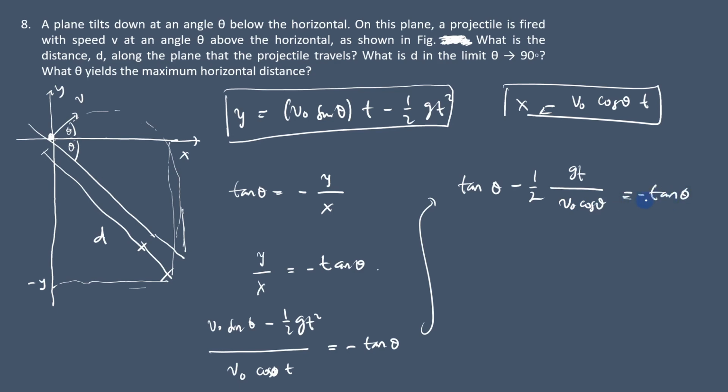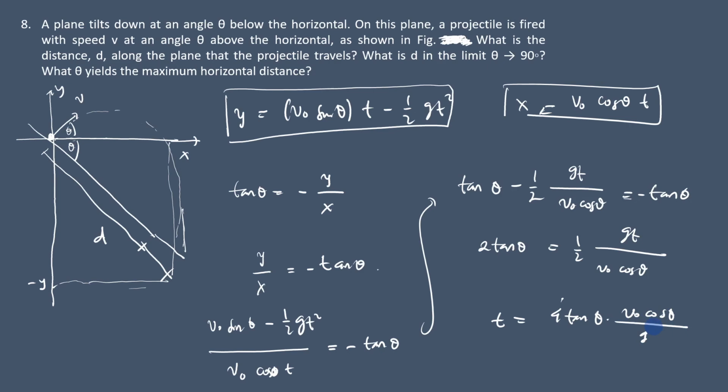We move this term to the left side and we get 2 tan theta equals 1/2 g t divided by v0 cos theta. So t equals 4 tan theta v0 cos theta divided by g.